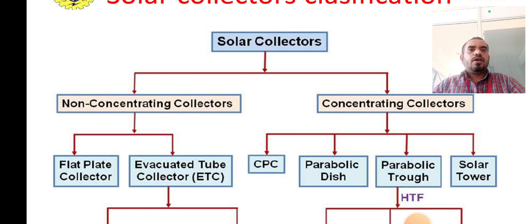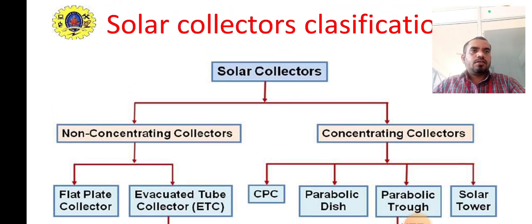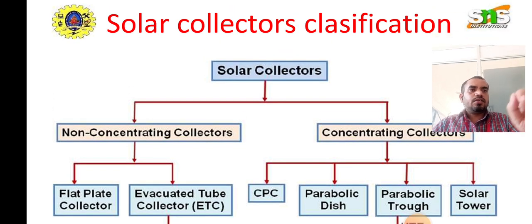First, we know what a collector is, right? The collector is a device used to gather the radiation from the sun and transfer it to the fluid present inside it. The fluid may be in the form of gas or liquid.